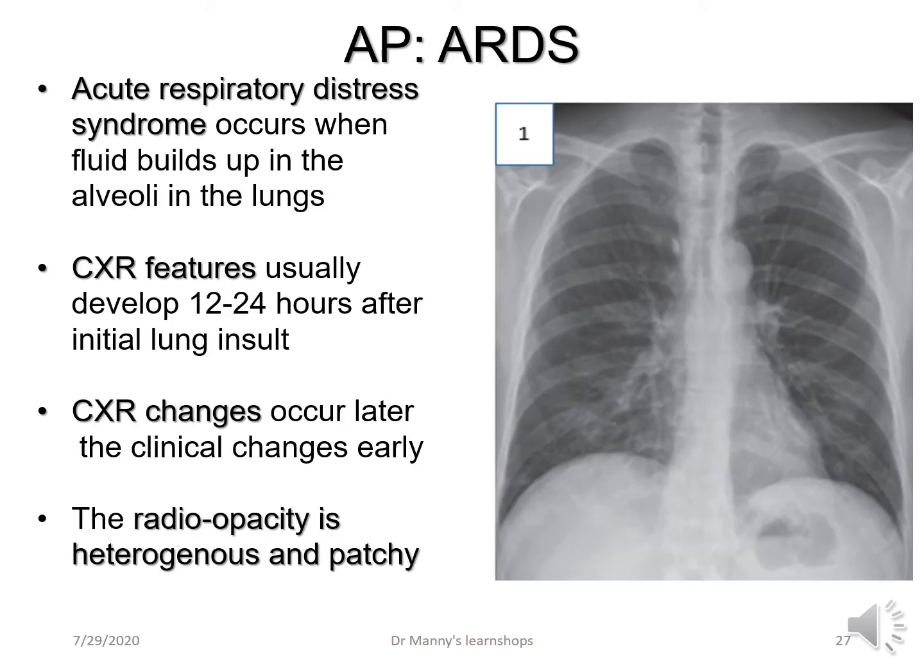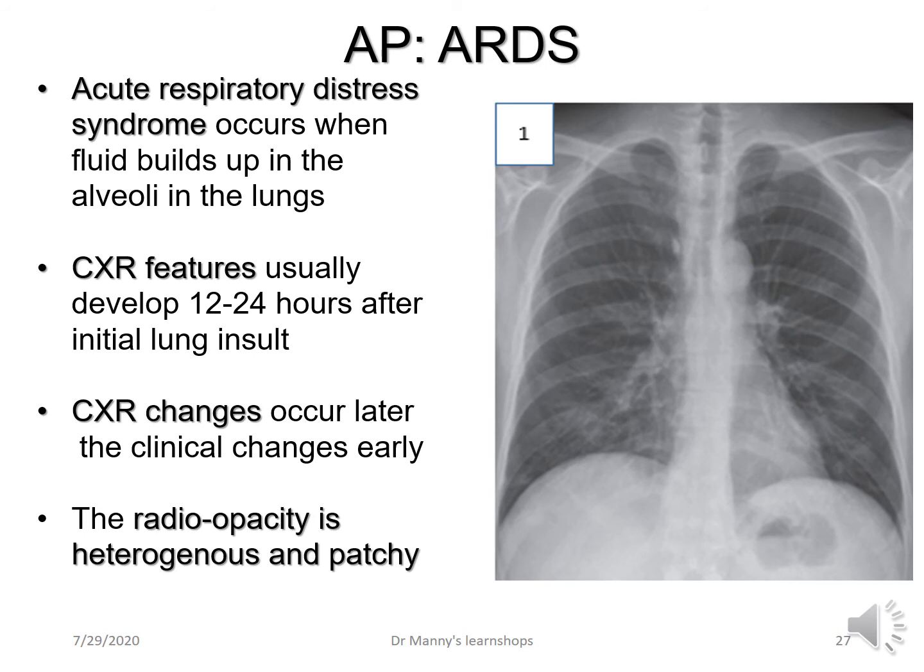ARDS, acute respiratory distress syndrome. This occurs when fluid builds up in the alveoli of the lungs. And the chest X-ray features are usually acute or considered to be chronic. The chest X-ray features typically develop over the first 12 to 24 hours after the initial lung insult that's caused the problem.